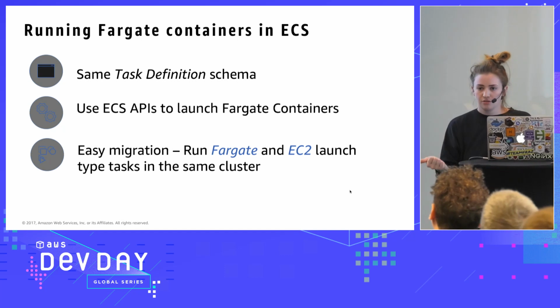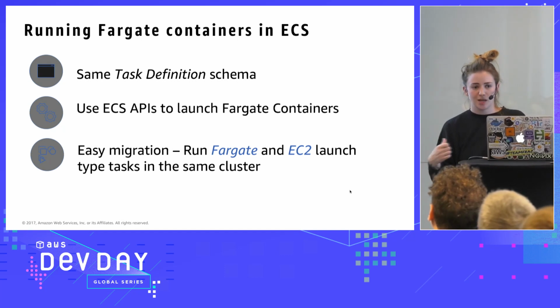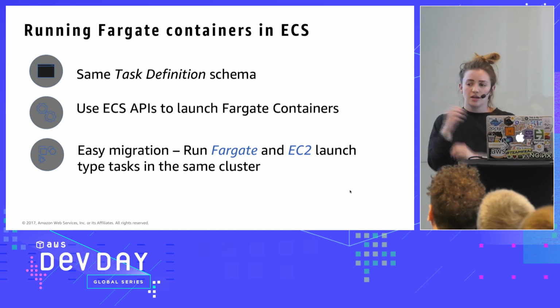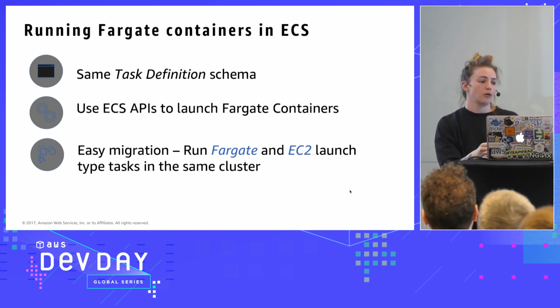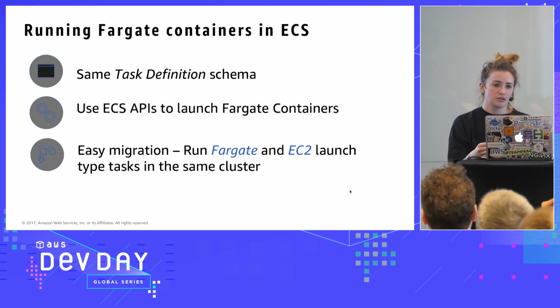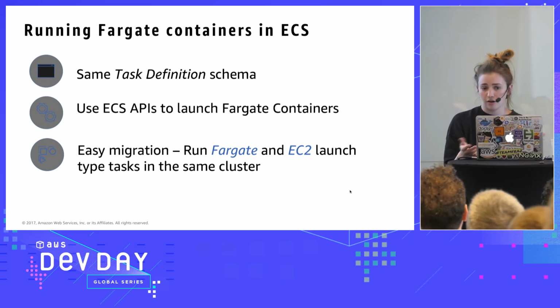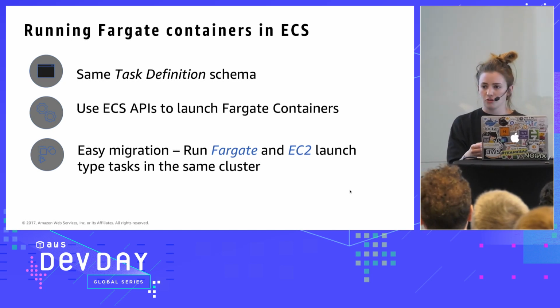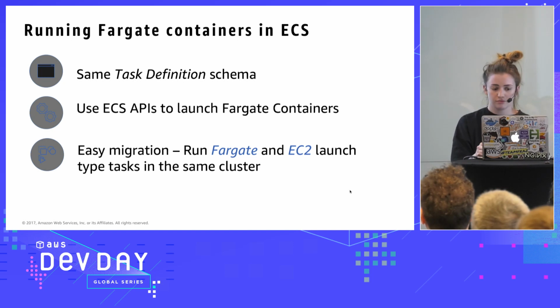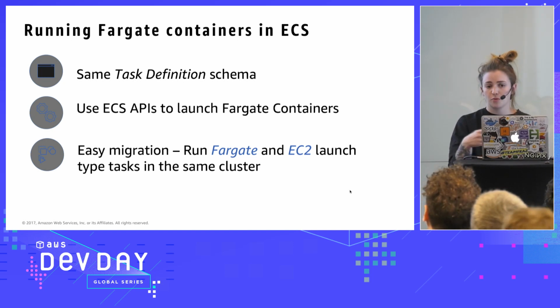Same task definition. If I can run something with launch type EC2, the normal ECS way of doing things, I can run that same container in Fargate mode. So I tell it that it needs to run in Fargate mode, but it's the same kind of task definition. If you have task definitions written for ECS already, you can just run the same task definitions in Fargate. So it's easy to switch back and forth.